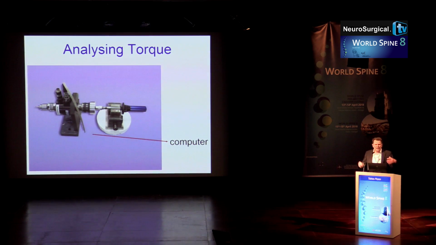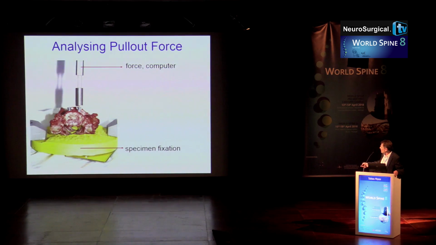What we did here now, in contrast to the other experiment, we did not test initial 3-dimensional stability. We are talking about clinical cervical spine mechanics. We did test the torque with a screwdriver, and this was done by a computer. And we did analyze in the second trial the pull-out force with other screws, and with testing pull-out force, it's important that the pull-out force is applied along the axis of the screw.